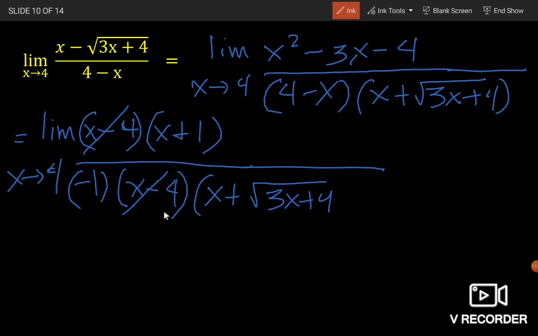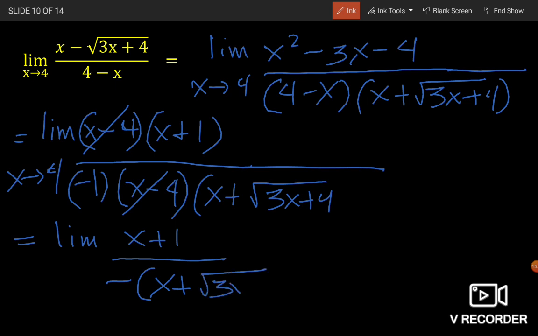Now, since these two canceled out, you will have the limit of x plus 1 over negative x plus square root of 3x plus 4 as x approaches 4.